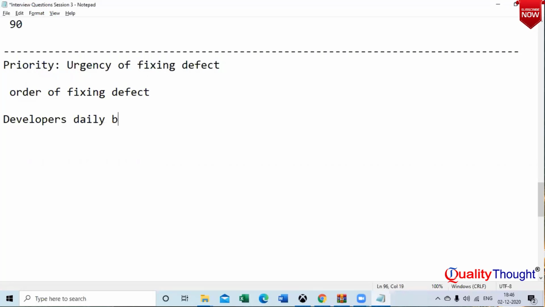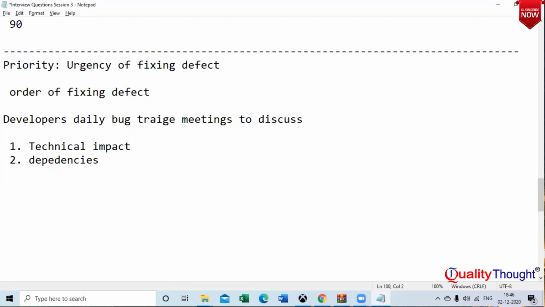They conduct bug triage meetings to discuss the order of fixing, technical impact, dependencies, and the order of fixing the defect.